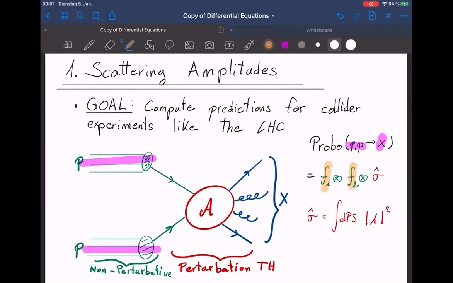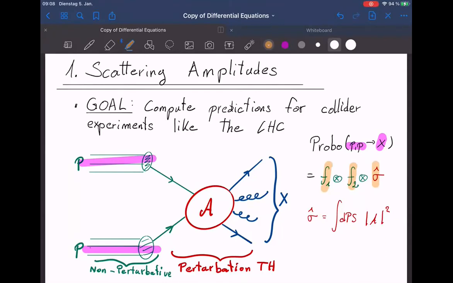If you don't know what they are, it's not so important. Those describe the internal structure of the proton. And then there's a quantity, which I denote here sigma hat, which describes the cross-section, or if you want, the probability to produce a state X when you collide quarks and gluons, so the fundamental constituents of the proton.